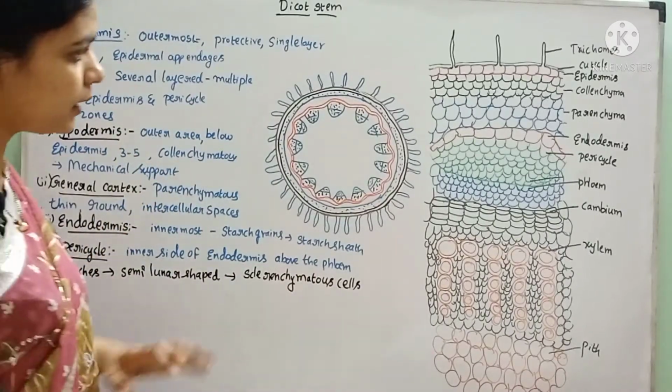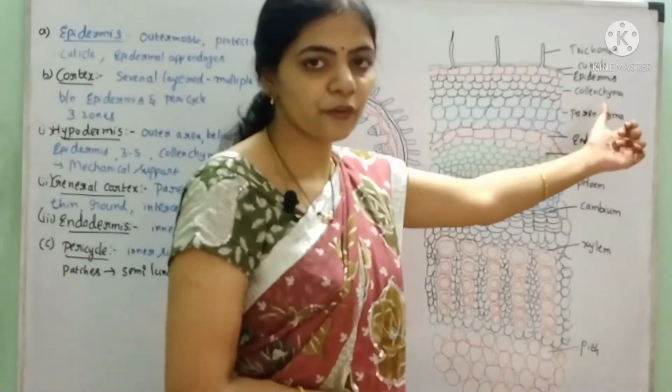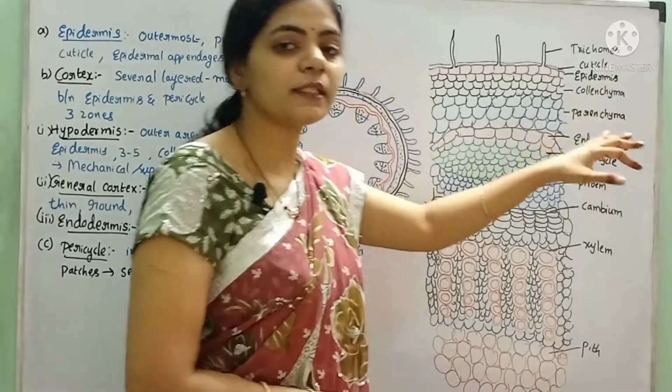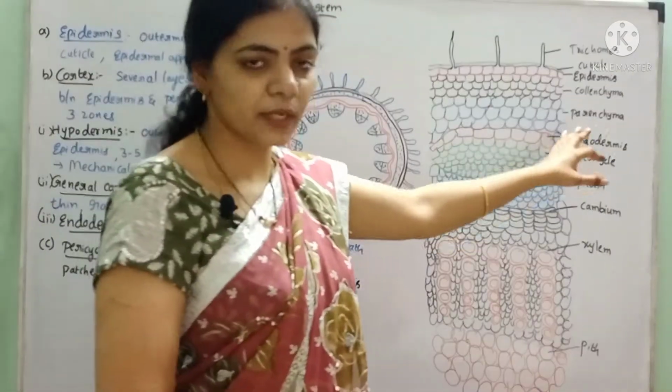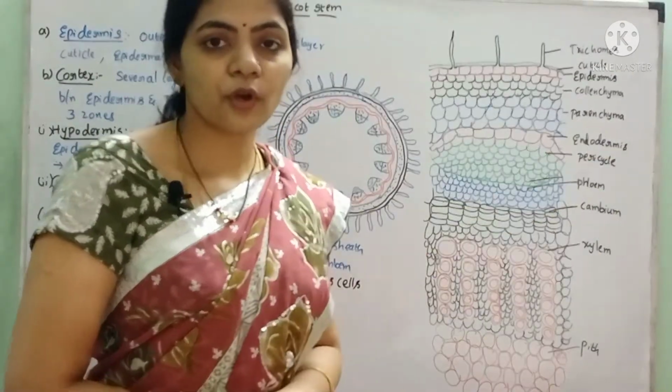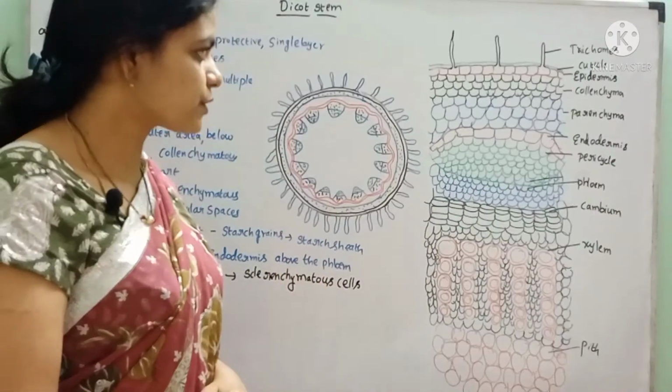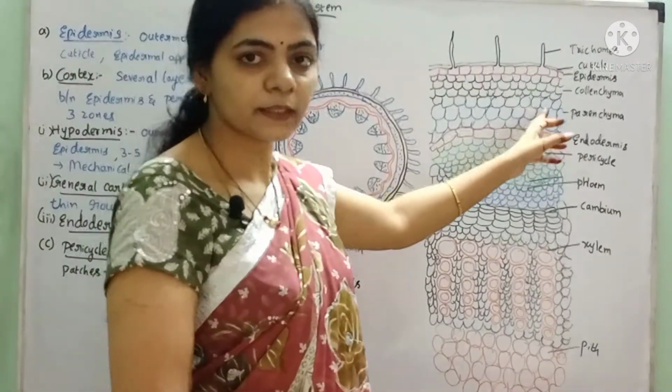This hypodermis is made up of collenchymatous cells. In the dicots, it is made up of collenchymatous tissue, whereas in the monocot stem, it is made up of sclerenchymatous tissue.